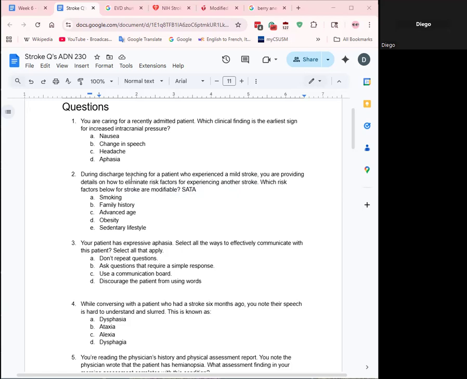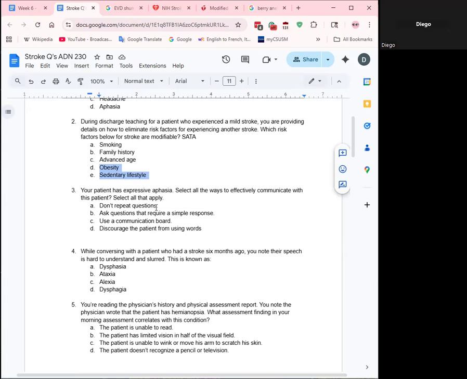So smoking, we can recommend smoking cessation. We can recommend changes in their lifestyle. You might get questions about which risk factors are modifiable or not. Anything that they can't change is non-modifiable, as the definition of the word is.